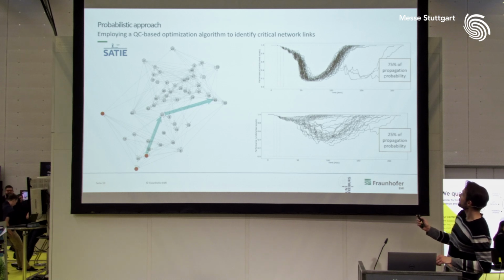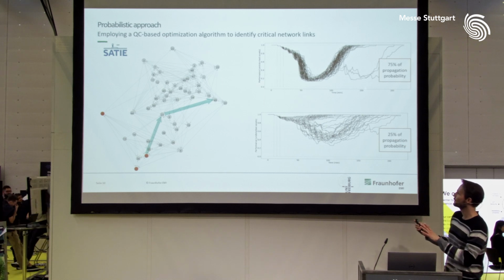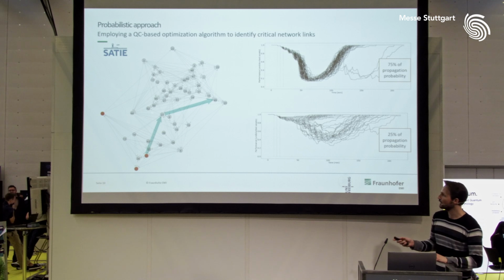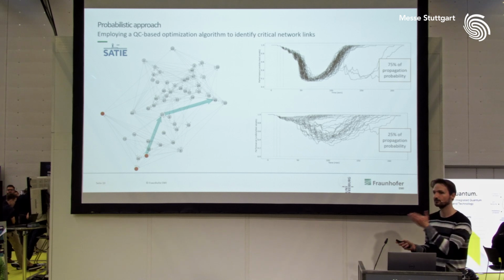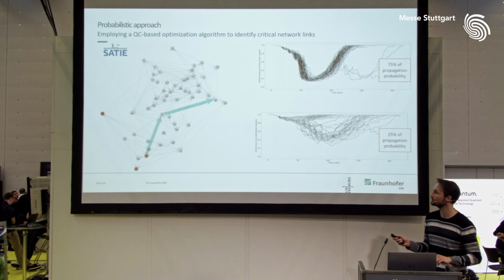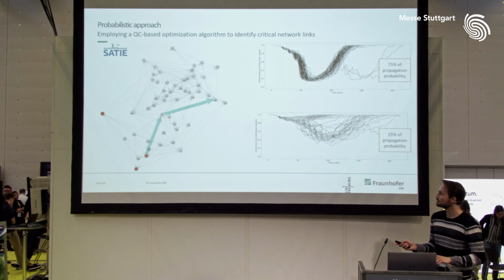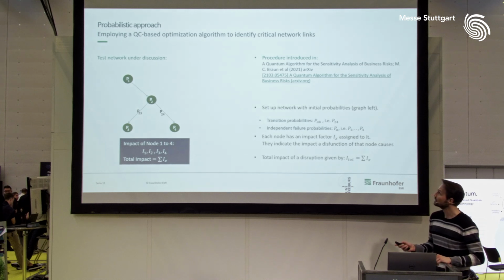And this is also a simulation, a classical one, with just some constant damage propagation probabilities. So every node has some specific probability of transferring a damage to its neighbor. And a system like that we can directly translate into this kind of risk model.